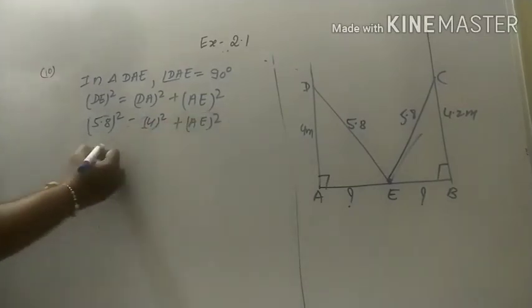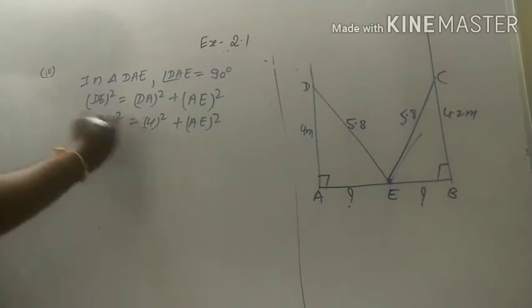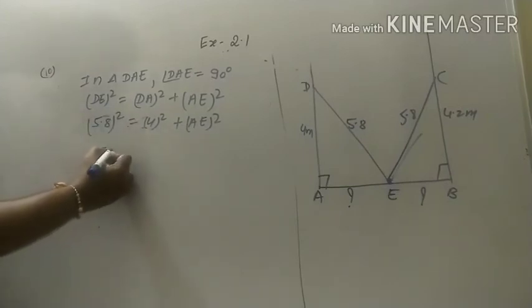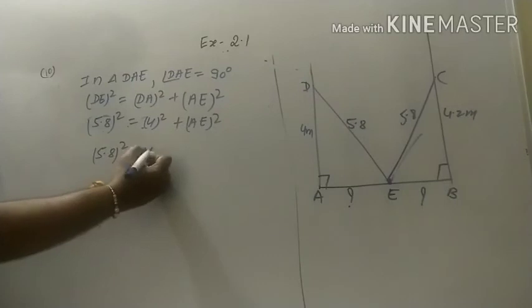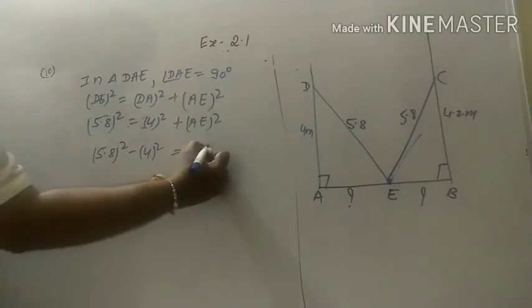Now 5.8 the whole square minus 4 the whole square is equal to AE square.